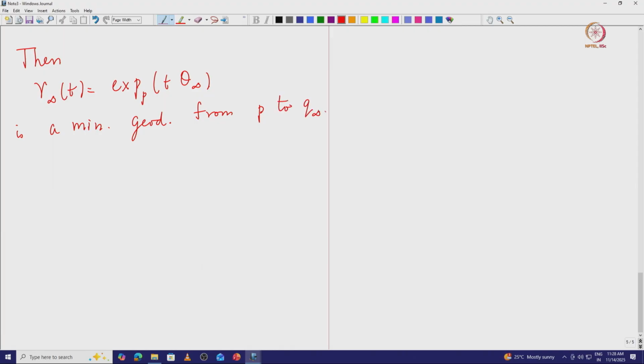Why is it minimal? Because if you take gamma infinity of L infinity, that will be Q infinity, and L infinity is the distance from P to Q infinity.